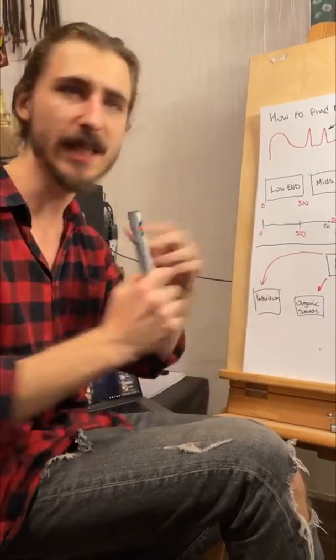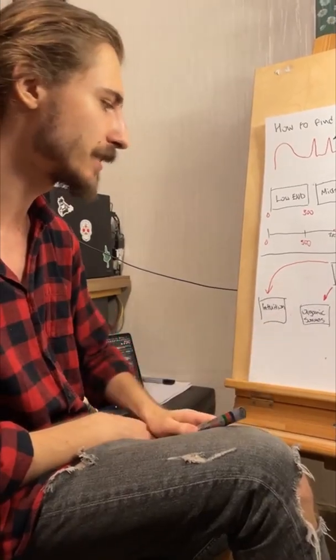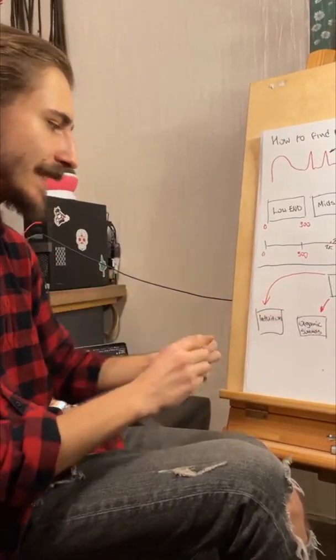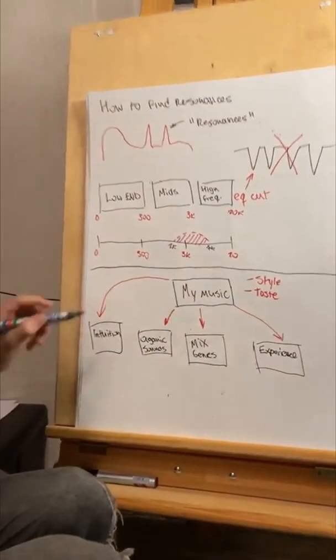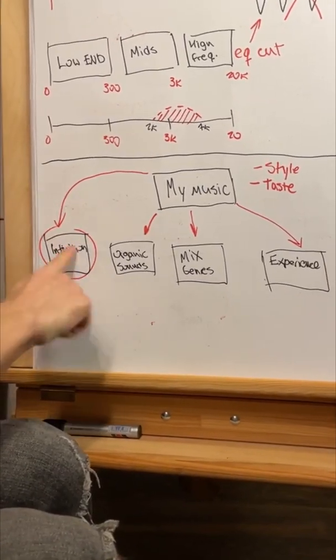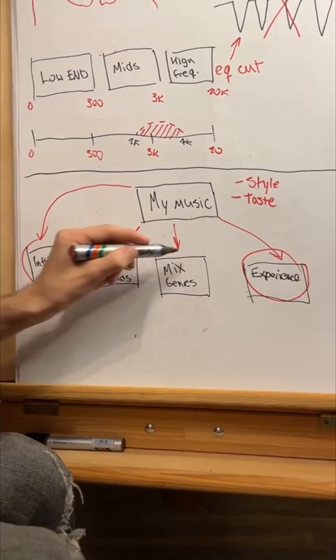The next one is for me, okay? If you do like this, it's great, but I do organic sounds and mixed genres. So I would say that if we skip the organic sounds, the most important thing here is actually your intuition, experience, and mixing genres.